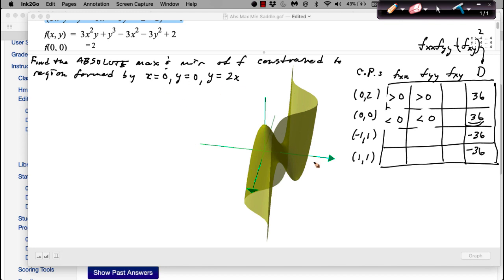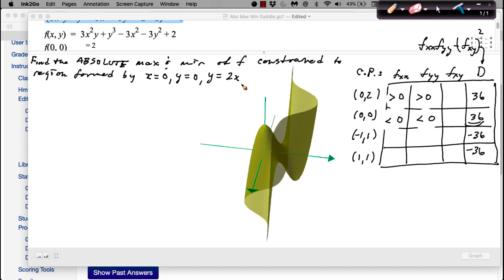So notice that this is not the highest possible of all z values of the function, right? As soon as you move in the positive y direction, you're way higher than that. So this is what's called a local maximum, just a maximum in the local area. But when we put constraints around it, we're saying, okay, now we want truly the highest value of z for a constrained set of ordered pairs x and y, and then the lowest value of z.